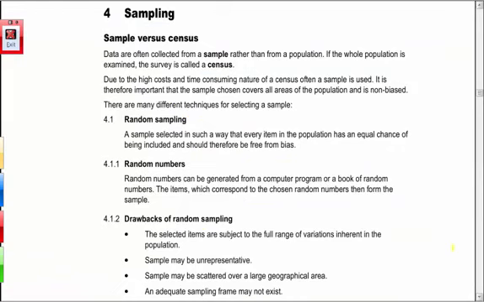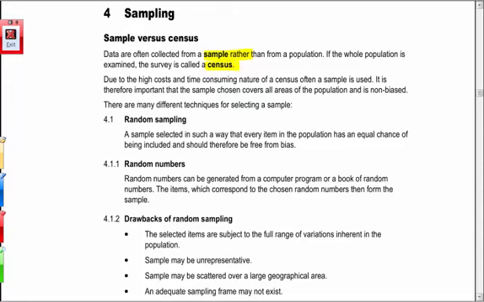Collecting information about the entire population is very onerous because it's very time-consuming and expensive. As a result, then, we might decide to use a sample rather than the population as a whole. From a terminology point of view, if the entire population is examined, then that would be called a census.